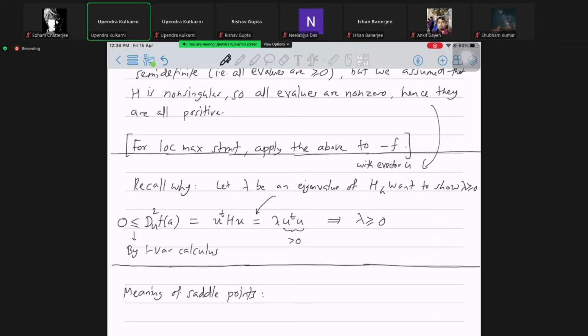That means that the second partial derivative in the U direction, that is d_U squared of f at A, is a positive number. And we know that in that case, I have a local minimum over there. However, if I go in the direction of a second eigenvector U2 with a negative eigenvalue lambda 2, then by the exact same logic, in that direction at the point A, I have a local maximum. So this is a new phenomenon, something that you do not see in the one variable situation. So let me write that down.